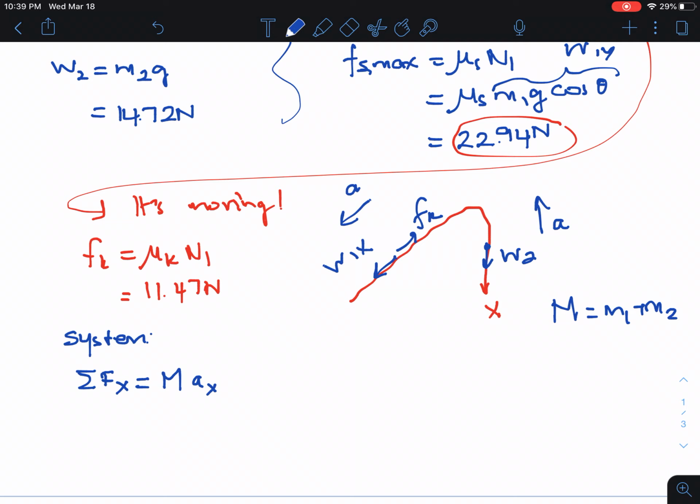Since I chose the negative x to be the acceleration direction, I have to be careful, but I'm going to keep my axes. So up the incline is positive. That means it's negative W1x, positive Fk, and we also have W2, which becomes positive according to my chosen positive x-axis. That's equal to mass times acceleration. Ax becomes A because that's the only acceleration that we have.